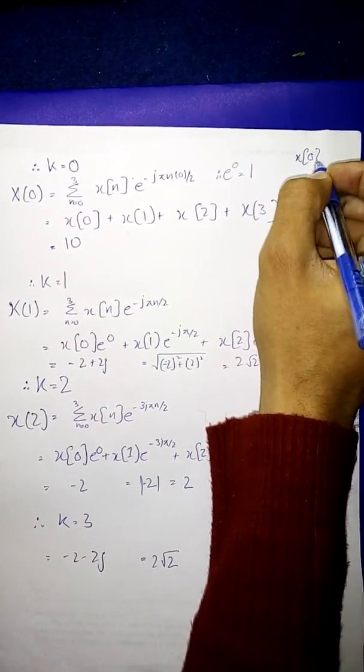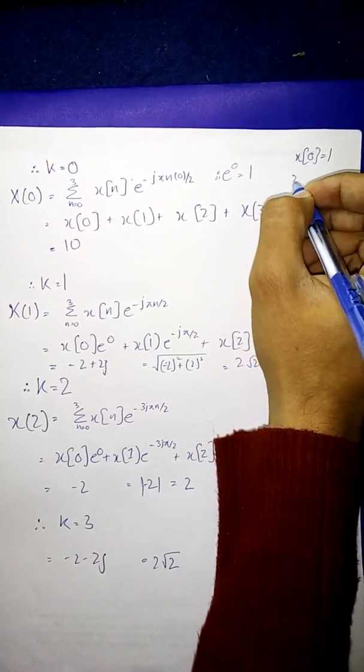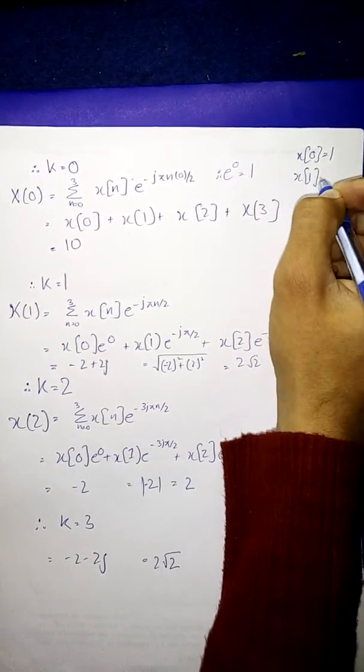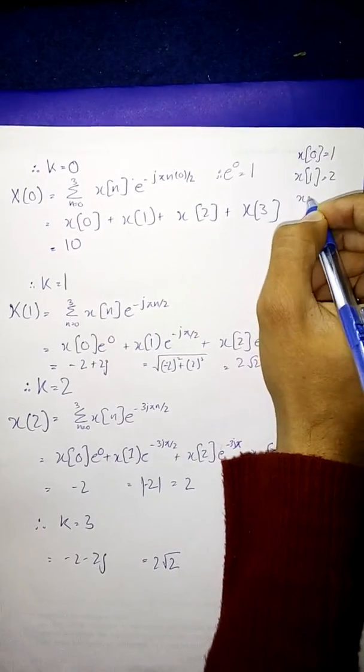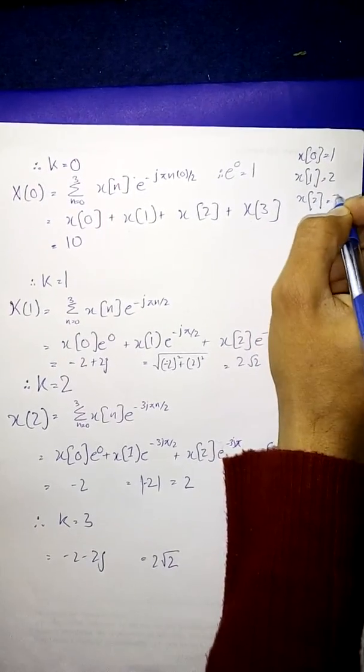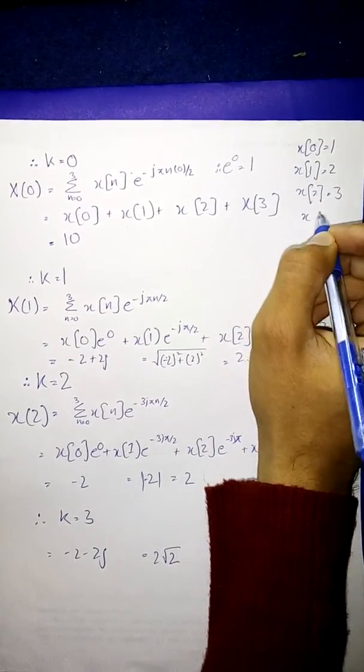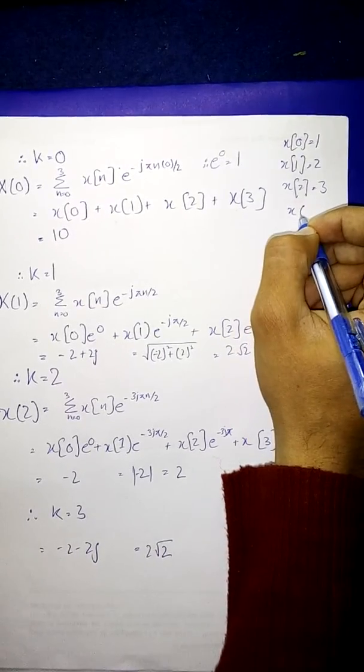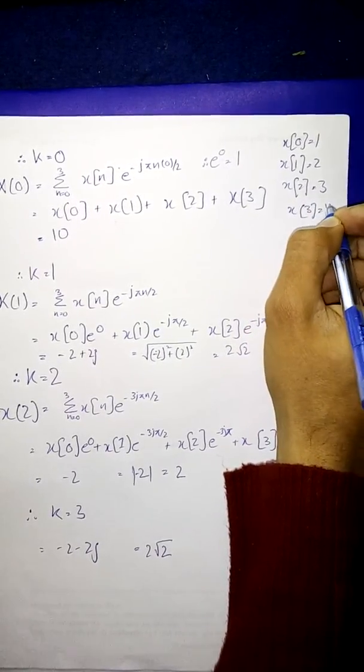X of 0 was 1, x of 1 was 2, x of 2 was 3, and x of 3 was 4. Pretty simple example.